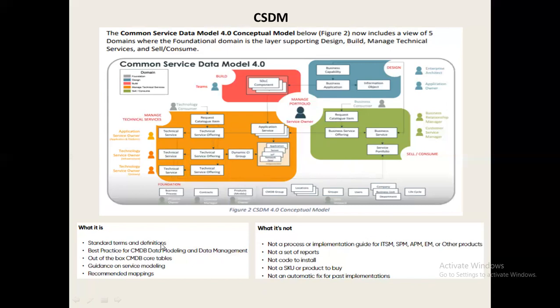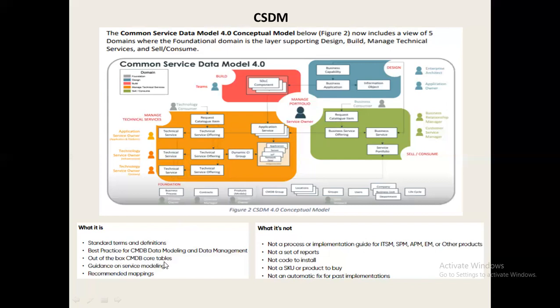It will not come to your level when you're doing CSA. It is at the level of architects who design the entire thing. This is where they have a problem understanding: should I create it as a technical service? Should I create it as a business service? Should I create it as an application service? People get confused. That is why it is very prescriptive guidance, a framework which tells you that this is where you have to put it.